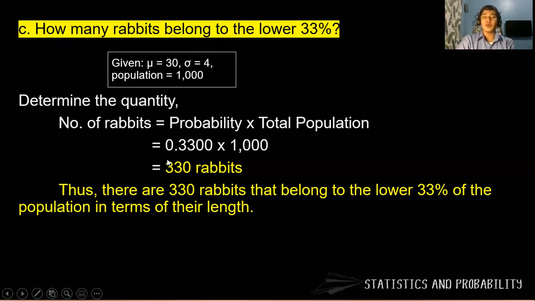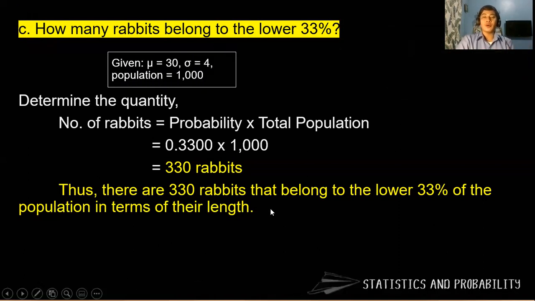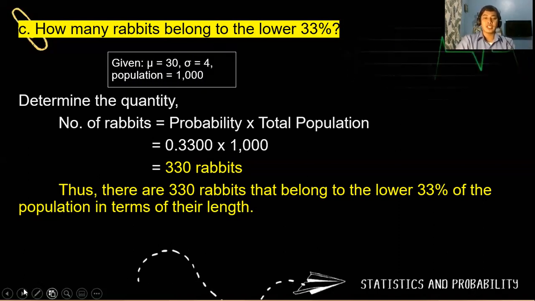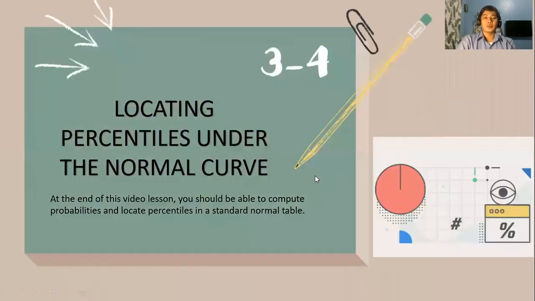And that area will give us a probability. And multiplying it by the total population will give us the exact quantity of values which are either lower or greater than a certain standard score. So that is just one of the practical applications of normal distributions in the real world.